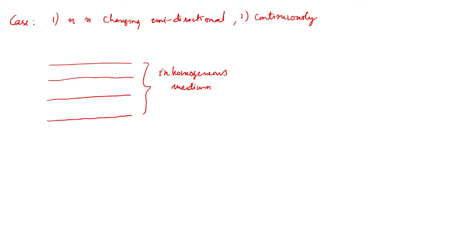I could call the refractive index in this part of the medium N1, here it is N2, here it is N3, here it is N4, and so on. This could be something like the road example that we discussed. Right on top of the road, there is less density, so there is less refractive index, and as you go higher along this direction, the refractive index is changing. So that's a unidirectional continuously changing refractive index.